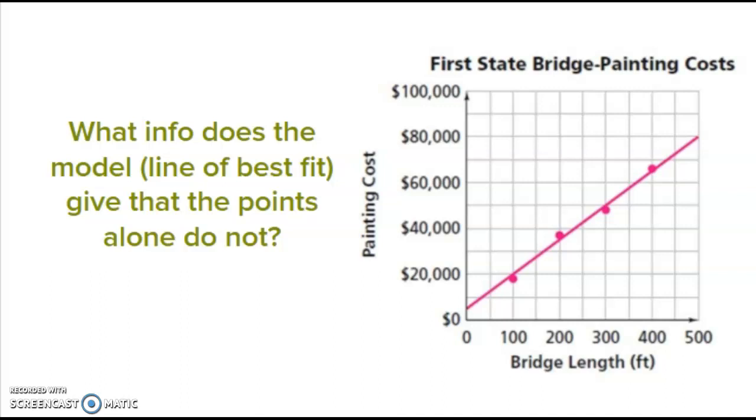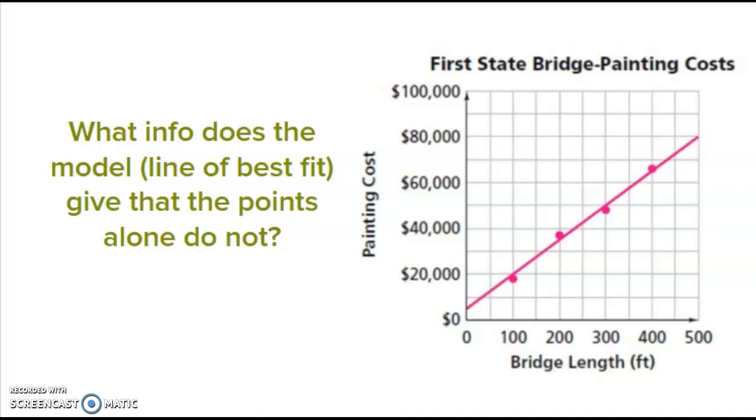Next, what does the info from the line of best fit give us that the points alone do not? So if you look on the graph, there are only 4 points that they gave us. My first thought is, what if we have a bridge that's 150 feet long?